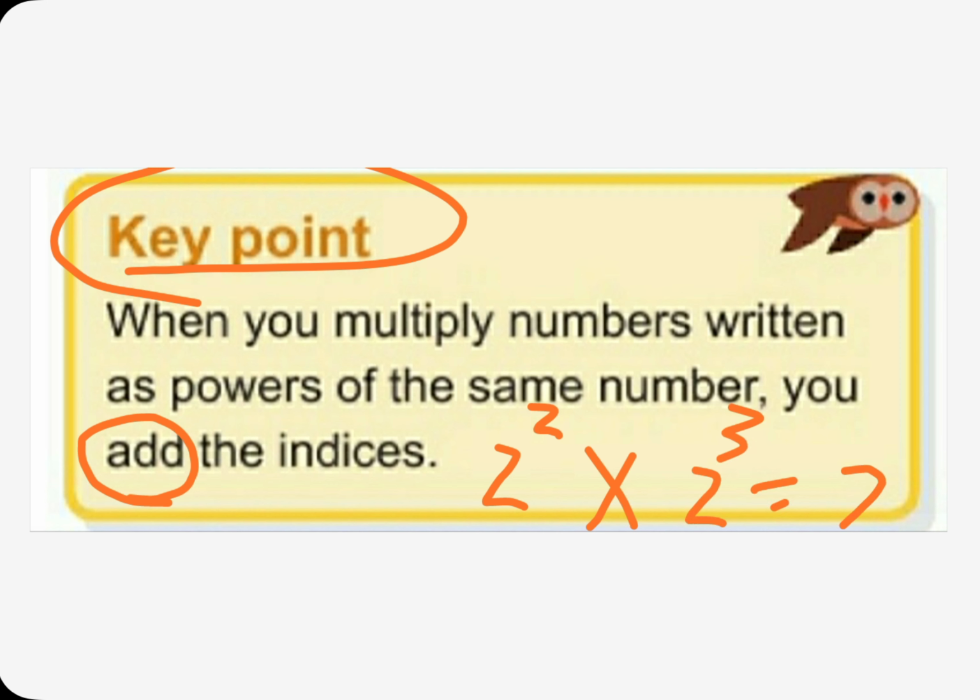Very good, it becomes 2 power of, you add these together, 5. It becomes 2 power of 5. This is the rule of multiplying numbers with indices. Now, let's go back to the question and answer the question.